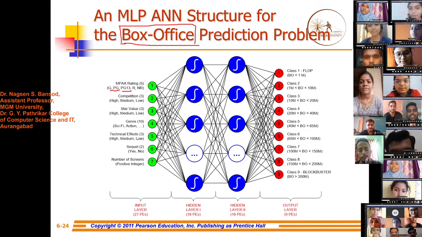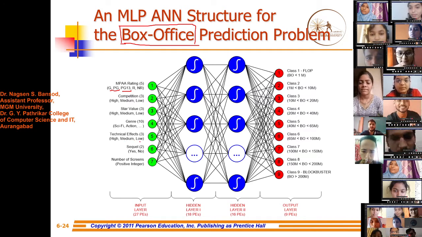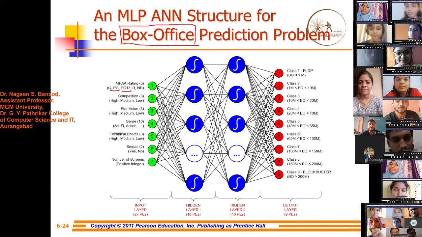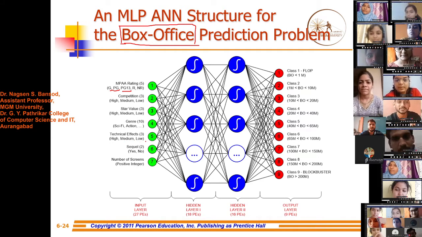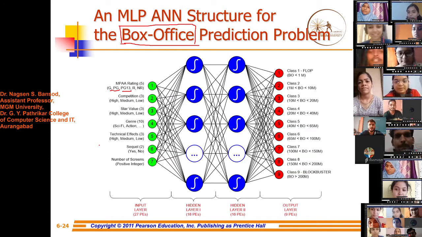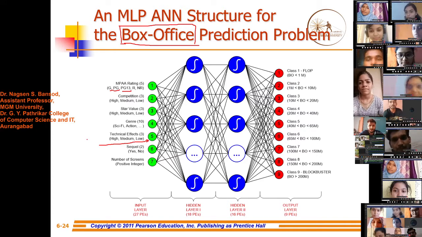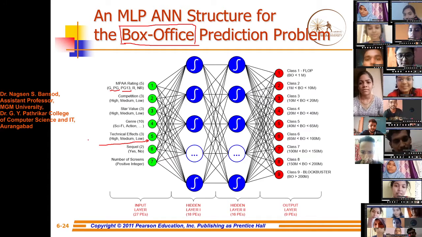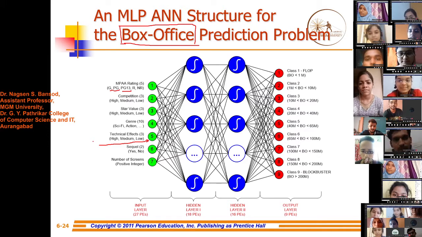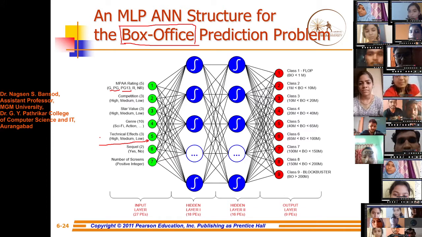Then technical effect, meaning high technical effect, medium technical effect, low technical effect: how the instrumentation or presentation is in the movie. It means high quality of picture or high quality of scenes are selected in the movie, or there are good songs in the movie.